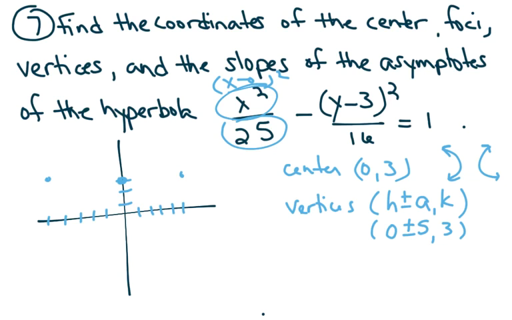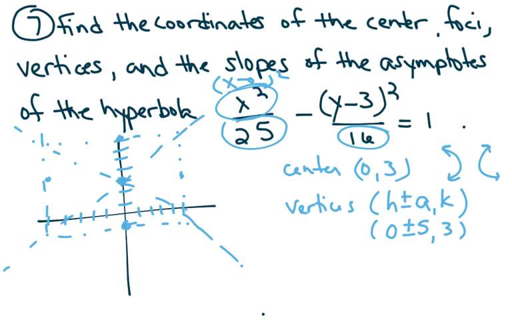To find the slopes of the asymptotes, there's going to be a point 4 units above and 4 units below, 1, 2, 3, 4, so that we make this little box, and then the asymptotes are the diagonals of that box, and that's how we draw the picture of a hyperbola.